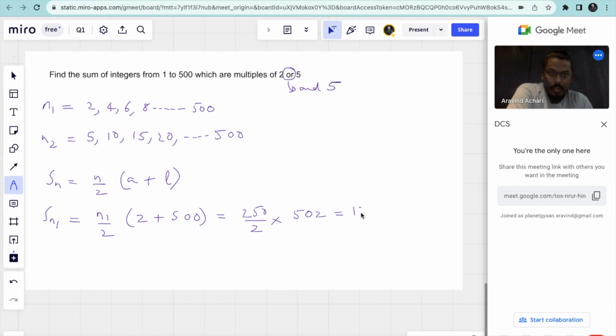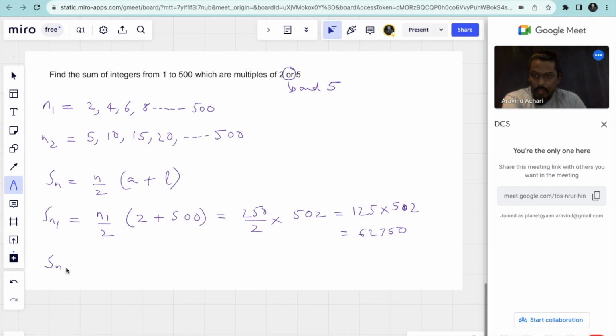So 125 multiplied by 502, correct. So now you have to multiply this. So what is 125 multiplied by 502? 62750, correct, Sn1.